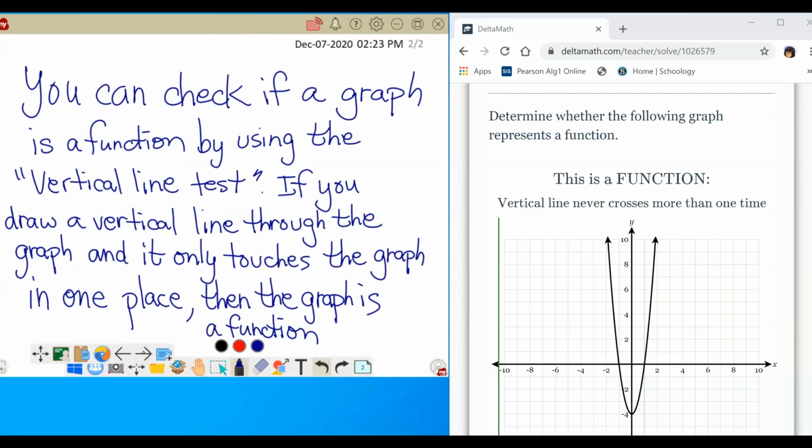You can check if a graph is a function by using the vertical line test. So if you draw a vertical line through the graph and it only touches the graph in one place, for every place you move it, then the graph is a function.